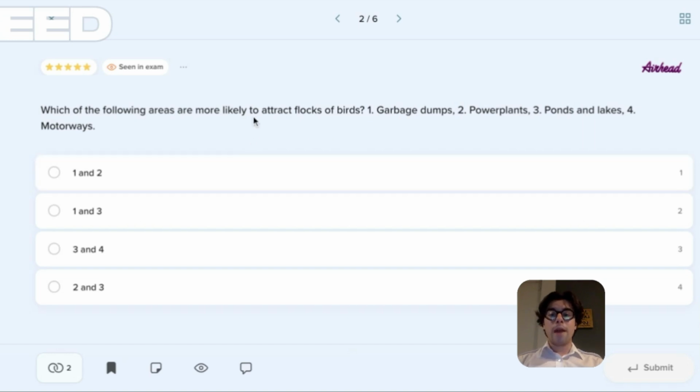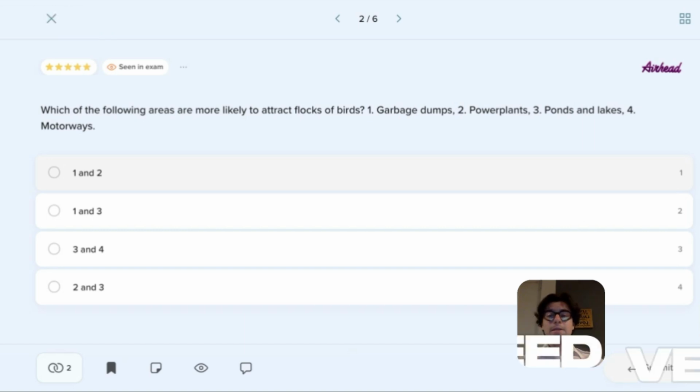So the areas that attract birds will be garbage dumps, ponds, and lakes. So always bodies of water and always open free spaces with abundance of food, or where the birds can find such food. So also open fields, or haystacks, or farms, etc. So in this case, 1 and 3 will be correct.